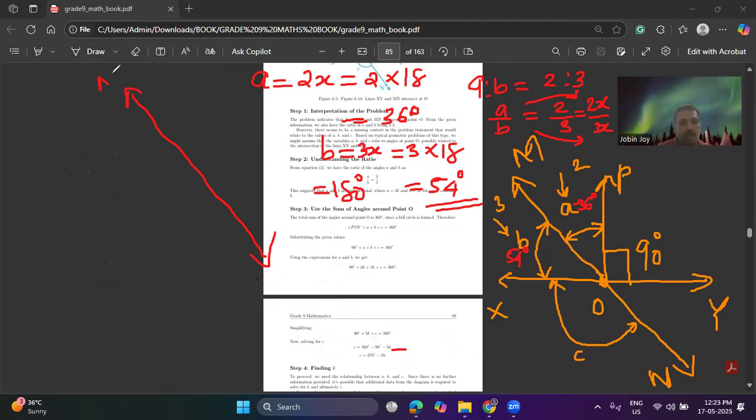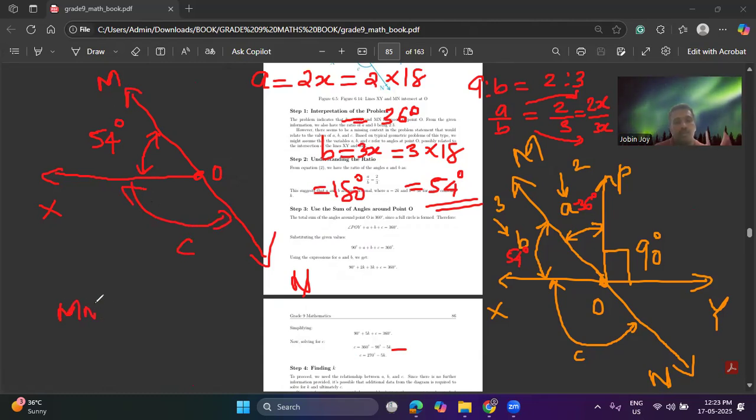And this is X. This is O. What is the angle? This angle is 54 degree. And this angle is C. So MN is a straight line, right? And MN is a straight line means what is the angle? 180 degree, linear pair axiom.